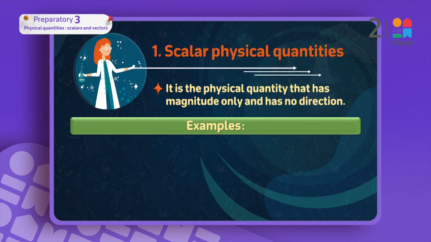So again يعني إيه magnitude؟ number and unit. Scalar physical quantities, do they need a direction؟ لأ. يبقى it's a physical quantity that has magnitude and has no direction.